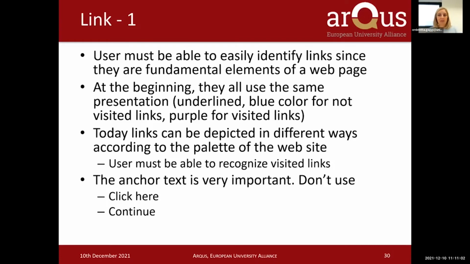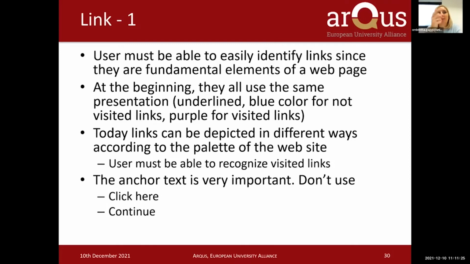The problem is that using a screen reader, everything goes in sequence, and the screen reader also gives the possibility to have the list of links in a completely different way from their content. So they are extracted from the content, and you can read the list where there are only the anchors.